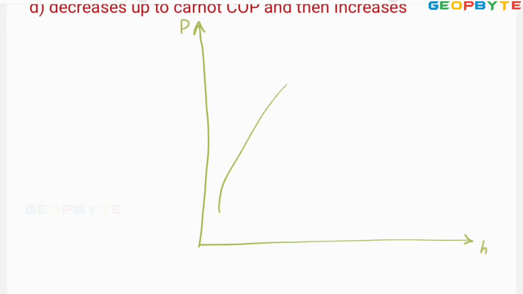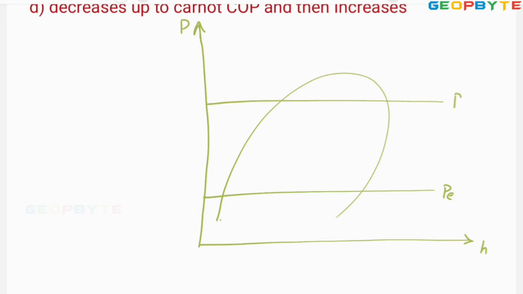The saturation dome may be looking like this. The geometric shape of the saturation curve changes from one kind of coordinate to another. This may be the evaporator pressure. This may be the condenser pressure.